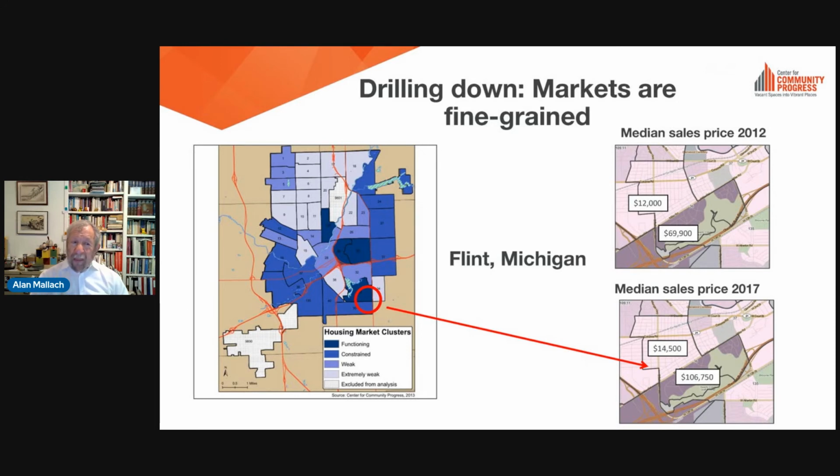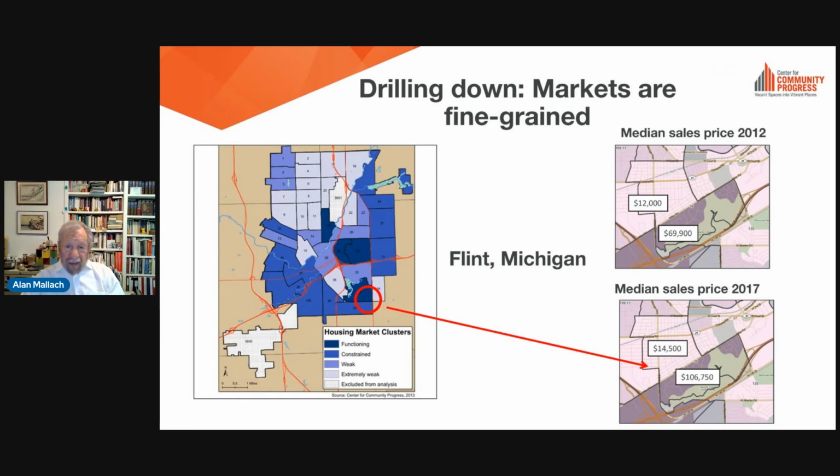And the other thing just to look at is sometimes the markets are different even within the same neighborhood. Even a few blocks over here may be very different from the next set of blocks just across some major street. And this is an example from Flint, how, again, one neighborhood is basically, from a market standpoint, totally dead in the water.